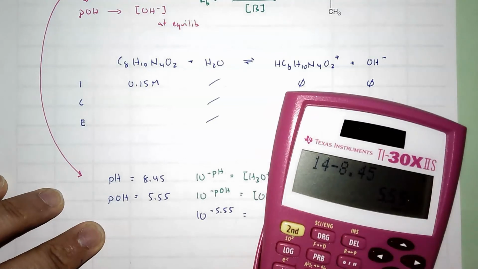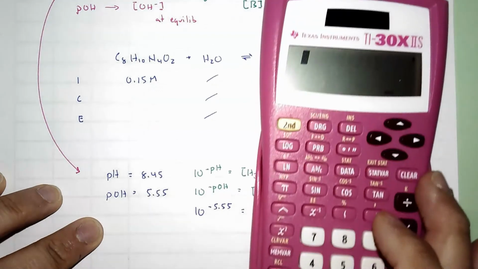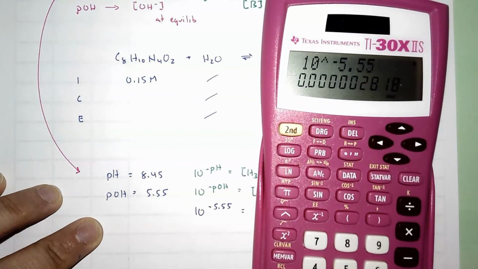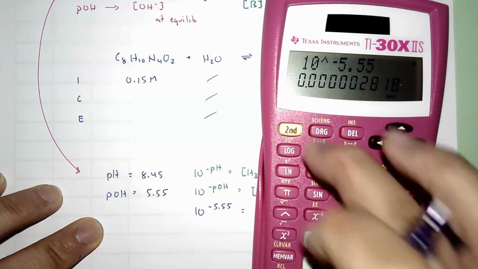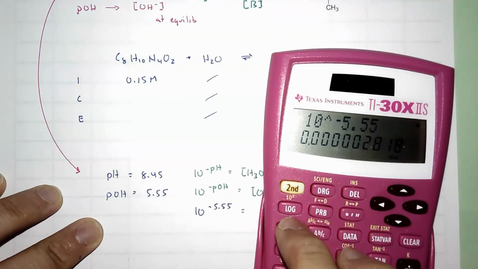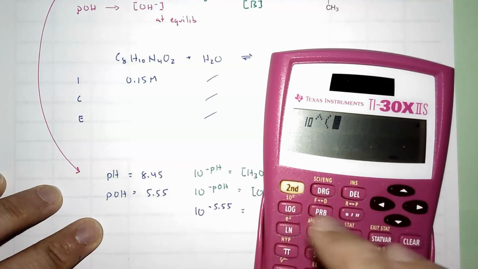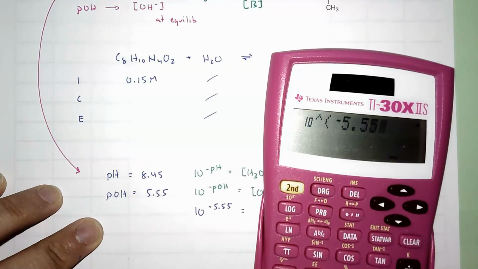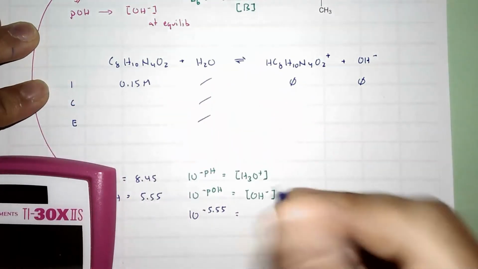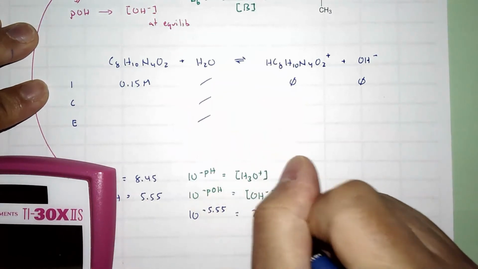In my calculator, I could do this two different ways. I could do 10 with the caret, negative 5.55. That should give me an answer. Or, I think people call this the inverse of log, negative 5.55, and I get the same answer. Let me get that into scientific notation. I got 2.8.